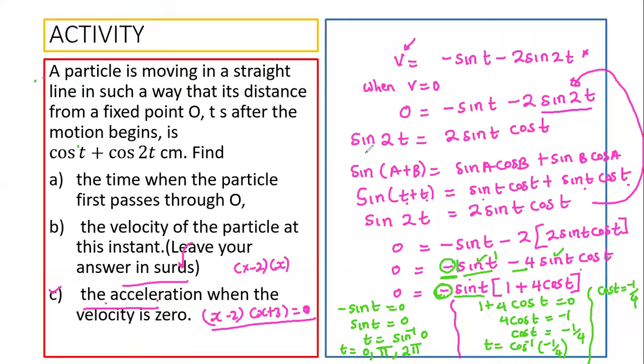Okay, Bahati. Yes, Ruth. My question is, do they give us limits for these questions? Or we just know that it's 0 to 360. Now, here they may not give you the limits, but from your thinking, you may know what a full cycle is.